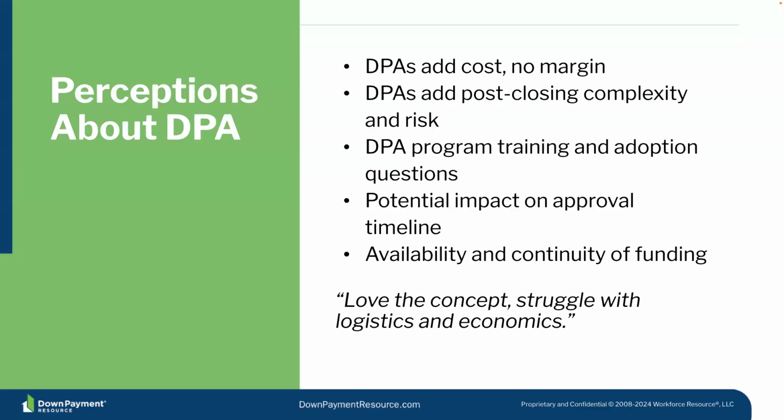So now let's talk about down payment assistance. There are some common things we hear, especially from the lender perspective, but we'll be considering lenders and real estate agents as we go. So one of the things that we hear is down payment assistance programs add costs. There's no margin, and so that makes them unprofitable to originate. DPAs add a layer of post-closing complexity and risk.